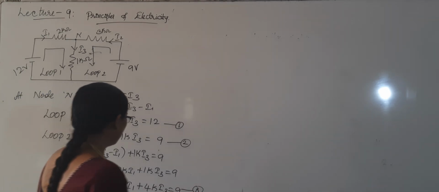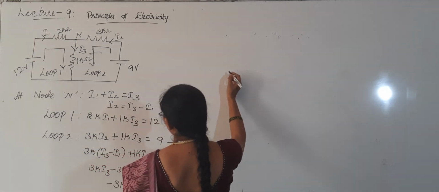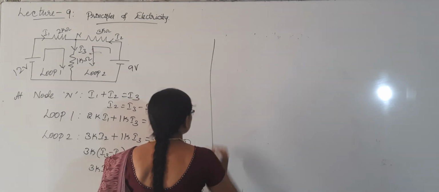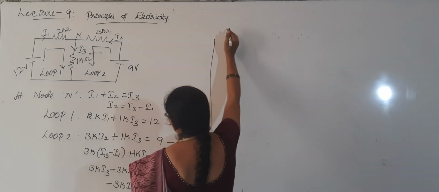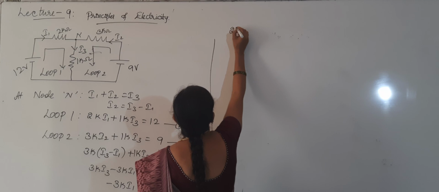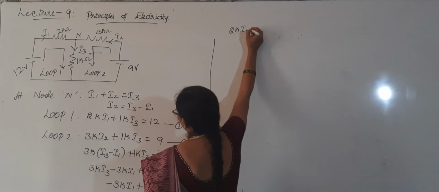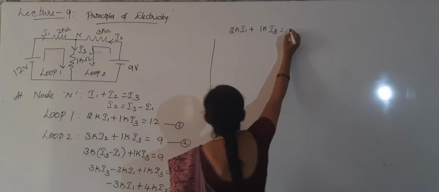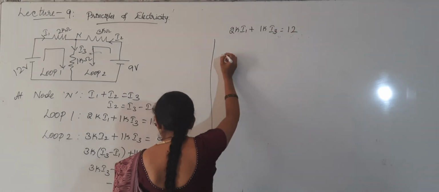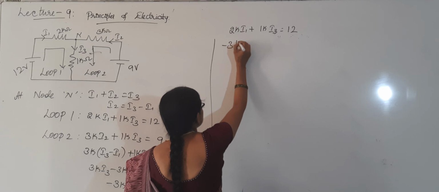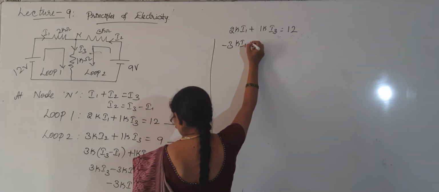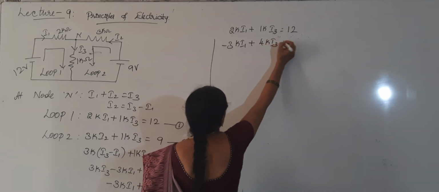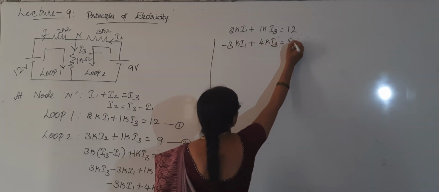Okay, we have got two simultaneous equations with two variables. First equation is 2 kilo into I1 plus 1 kilo into I3 is equal to 12. In the third equation, I will write minus 3 kilo into I1 plus 4 kilo into I3 is equal to 9.